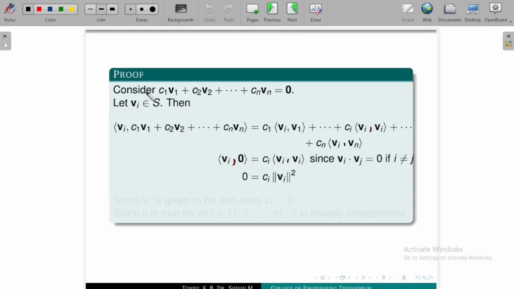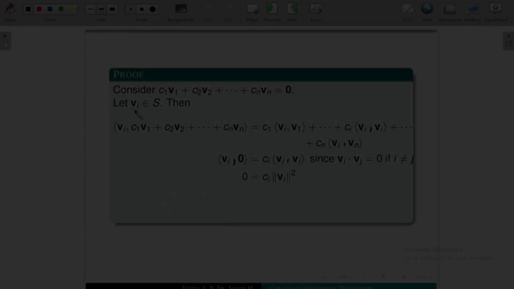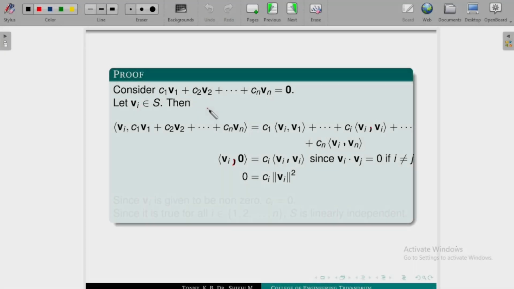So the method is, we will take an arbitrary vector Vi in S. Then finally, we will show that the coefficient of Vi equals 0, that means Ci equals 0. Since i varies from 1 to n, it concludes that all the Ci's are zeros.